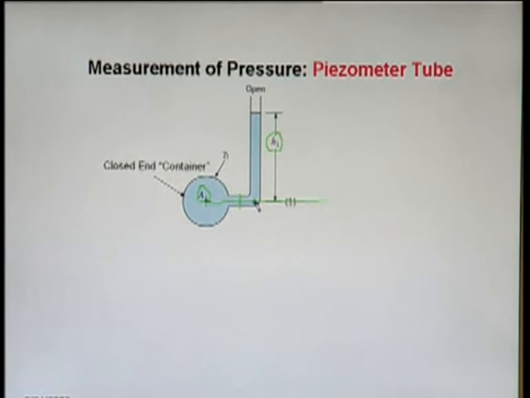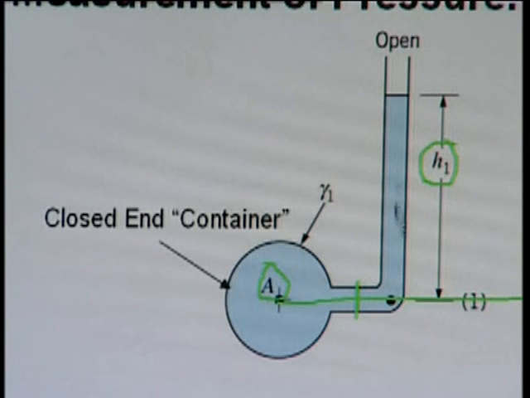So here pressure is PA, and as we go upward, the pressure reduces, because dP/dz = −γ. As we go upward, pressure reduces, and at this point what is the pressure? Since it is open to atmosphere, the pressure is equal to P₀.